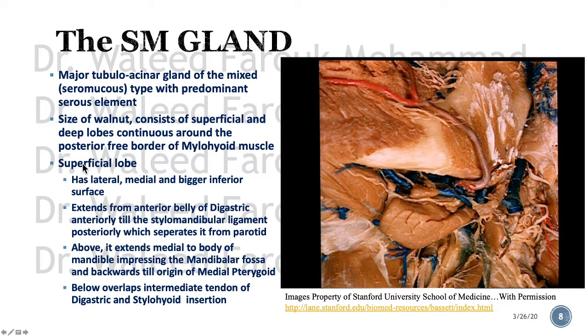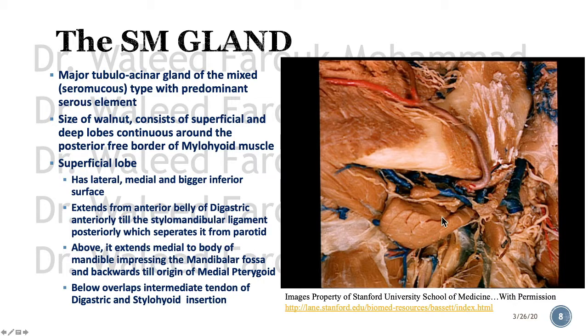Let's get to the superficial lobe. By the way, all this is the superficial lobe. It has a lateral surface that faces the mandible, a medial surface that faces the inside, and an inferior surface, the one you see here, which is subcutaneous, right beneath the platysma and fascia.